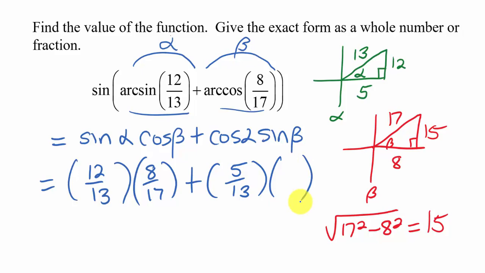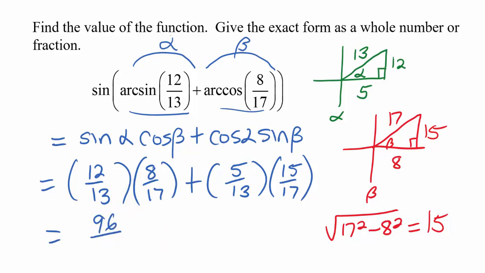And then I have sine beta, so going to the beta triangle I do opposite over hypotenuse, that's 15/17.